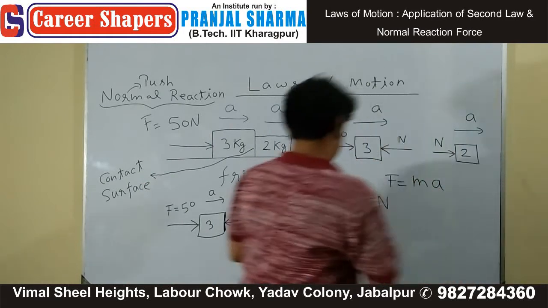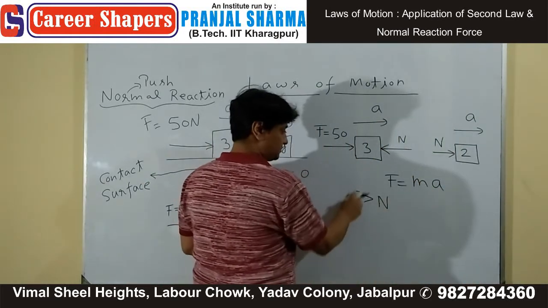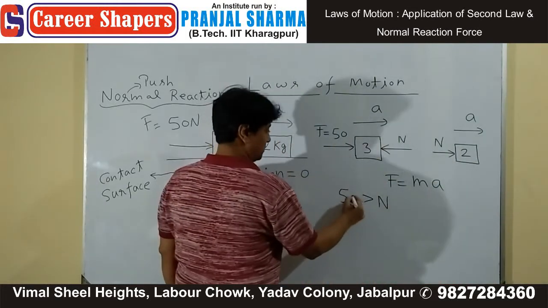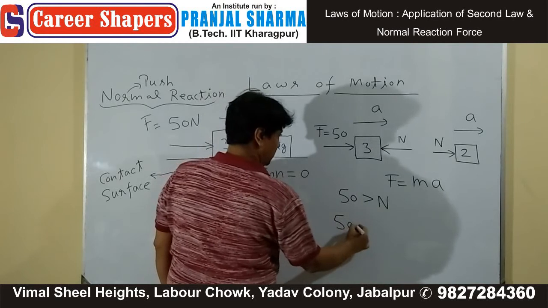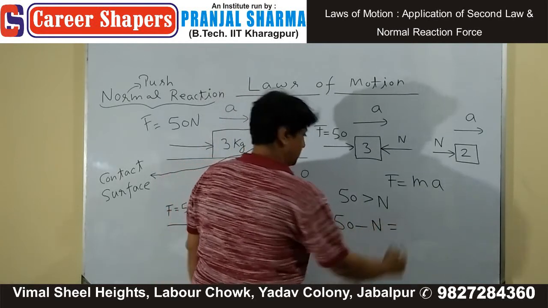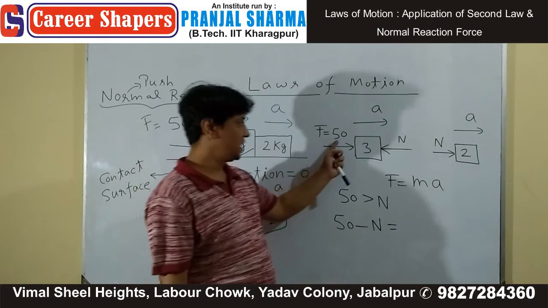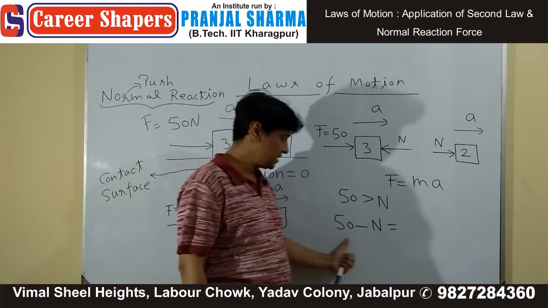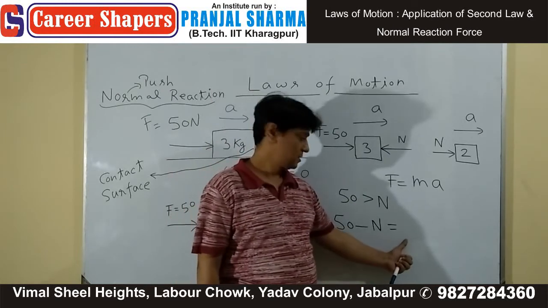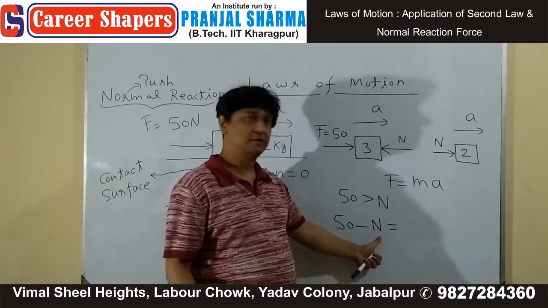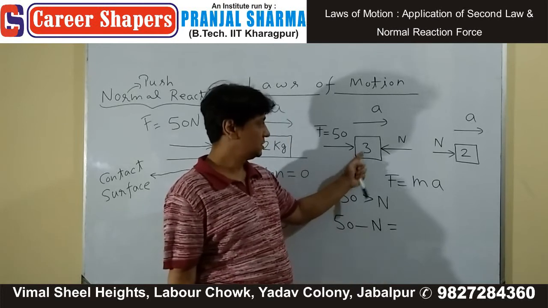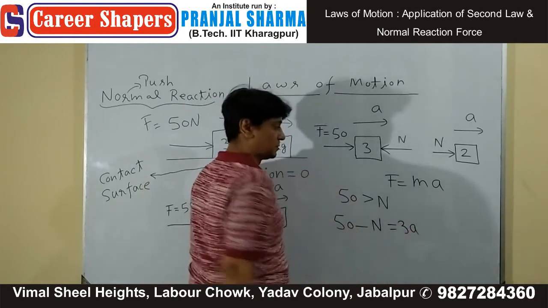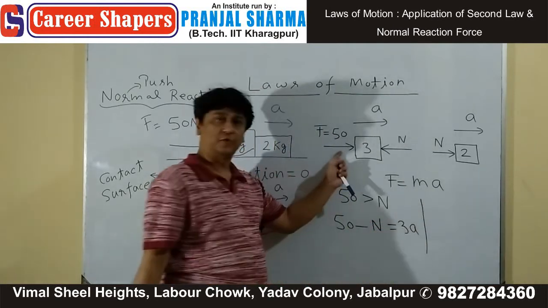Let's not again and again write the same thing. 50 माइनस n, जो हम थोड़ी देर पहले ही कर रहे थे। ये है 50, ये n है। अपने को पता है कि ये 50 ज्यादा है, इसलिए हमने क्या लिख दिया, 50 माइनस n। 50 minus n is what? Mass into acceleration, 3a. This is for the first block.